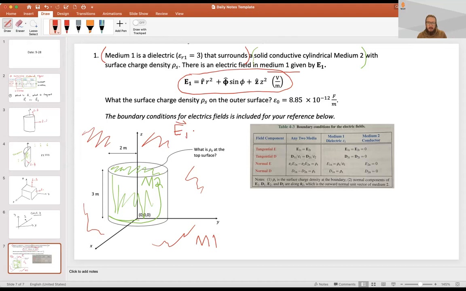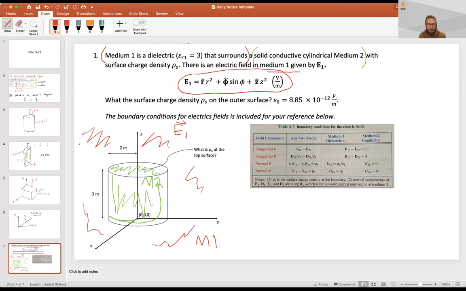Okay. Perhaps the confusion was that because I drew the figure, it wasn't clear to you what was going on. But if you had drawn the figure yourself, by reading this you would draw some medium that completely surrounds a conductive cylinder.